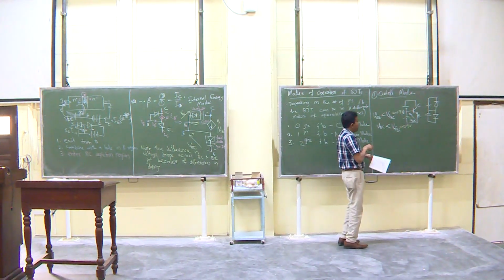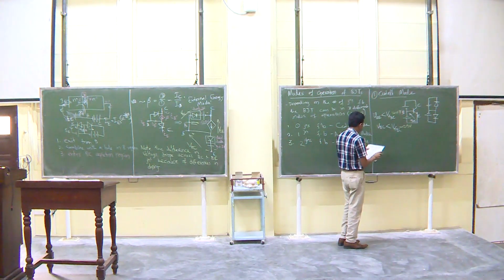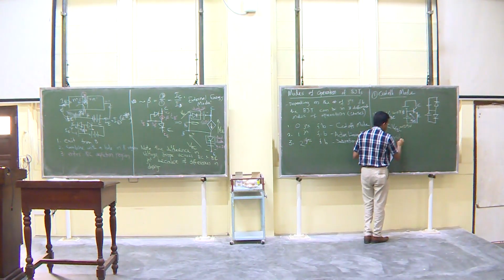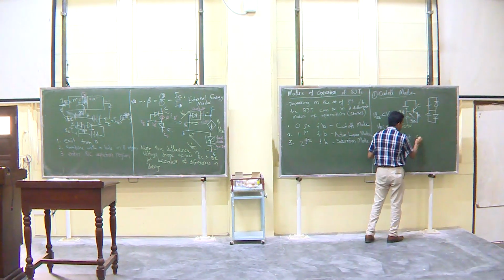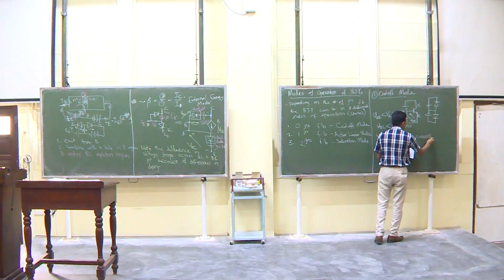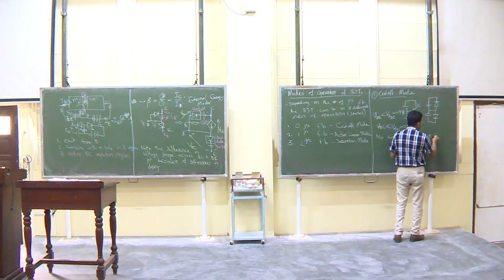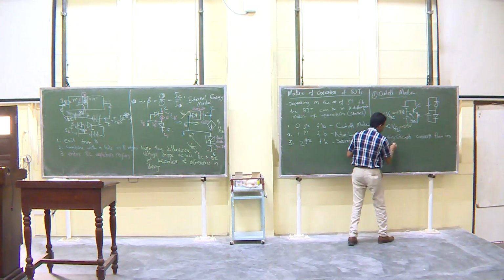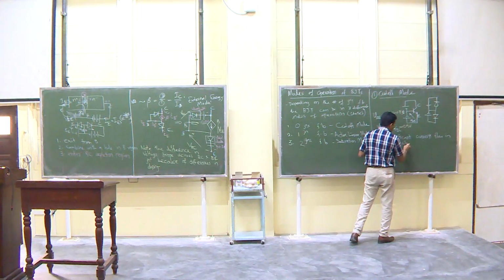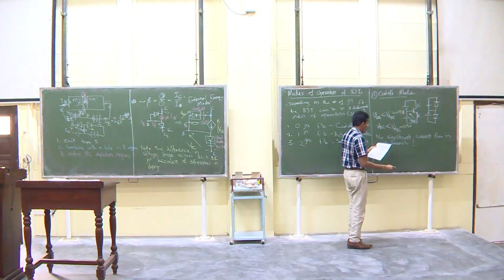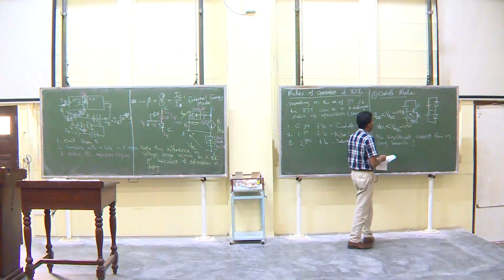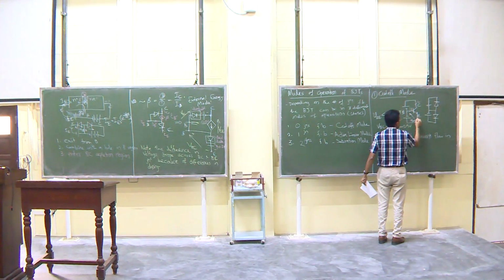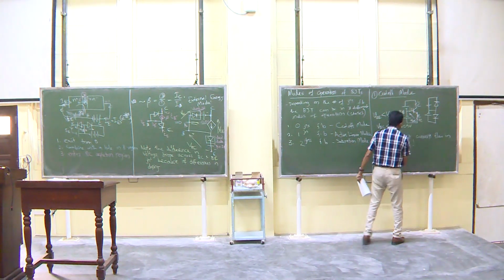So therefore, both are reverse biased, no significant current flow in any branch. So these currents IB, IC and IE all are 0.